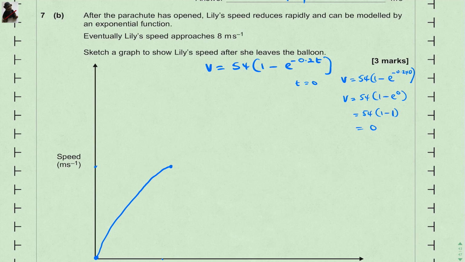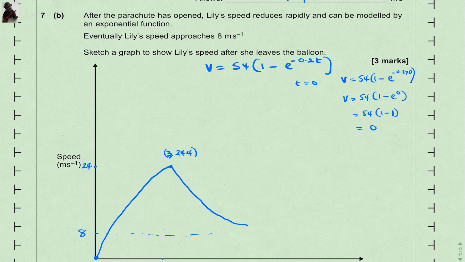At this point, the speed eventually starts to decline. The question says it will decline to 8, so if that was 24, it will decline to 8.